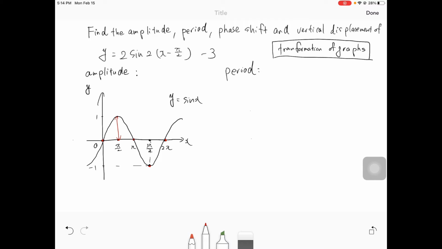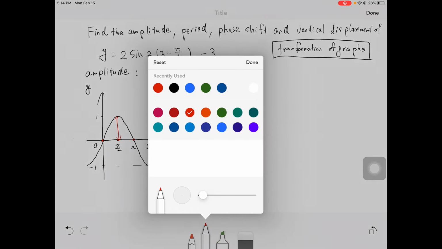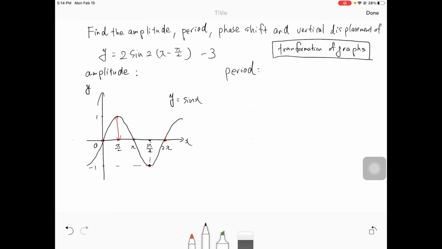Amplitude is how much the graph sways away from the middle position. Middle position is here, the x-axis, and how much it sways away. So the length of this red line is amplitude.